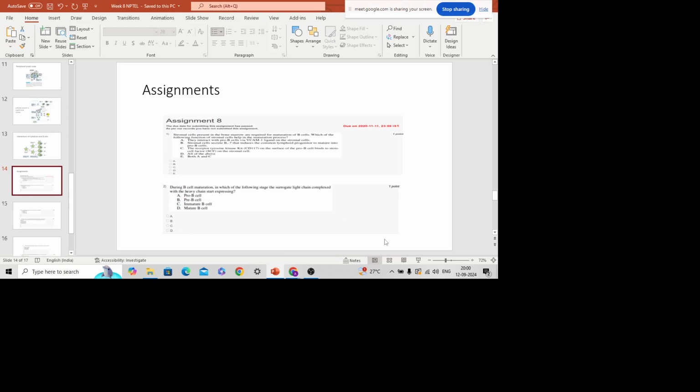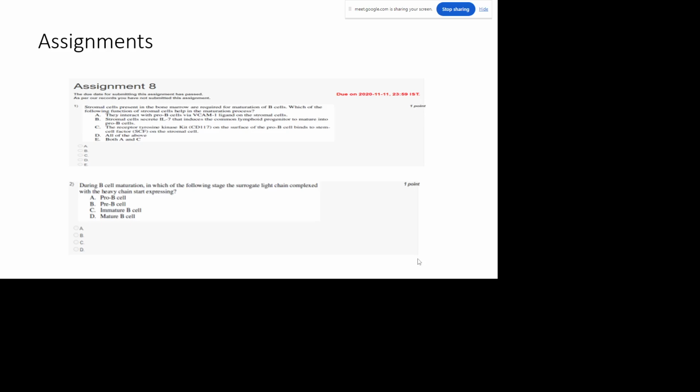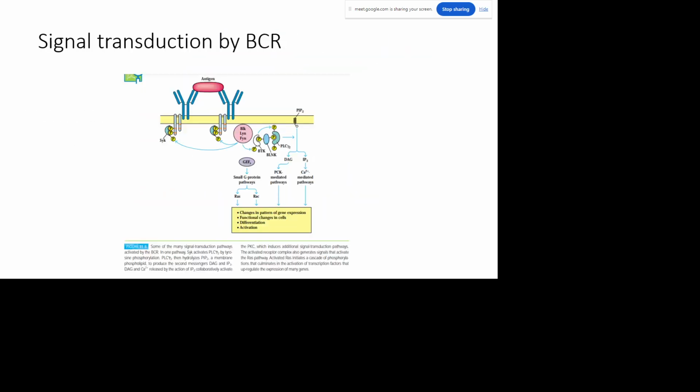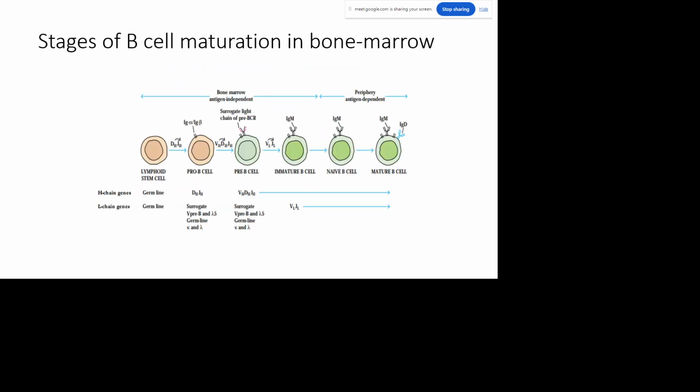So now we will discuss some questions for your assignment. For example, during B cell maturation, at which of the following stages does the surrogate light chain complexed with heavy chain start expressing? The answer is pre-B cell, because in the pre-B cell there was a surrogate light chain complexed with the heavy chain.